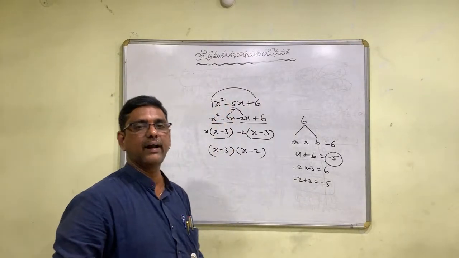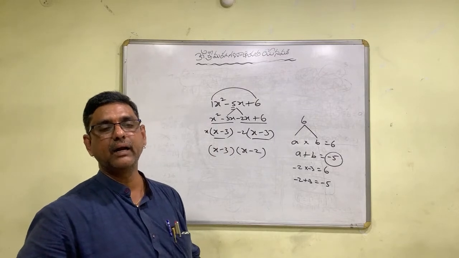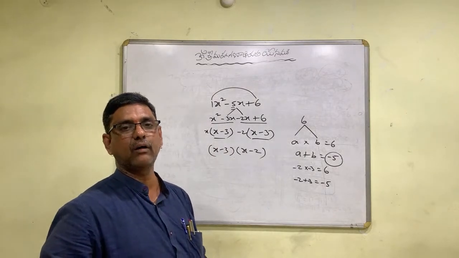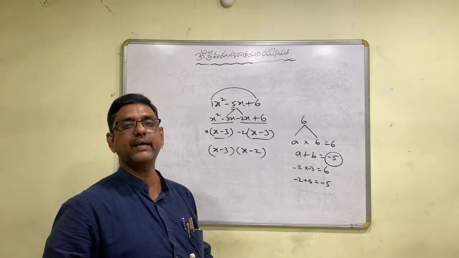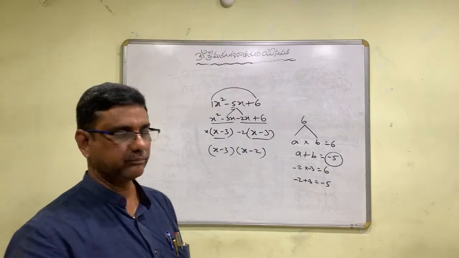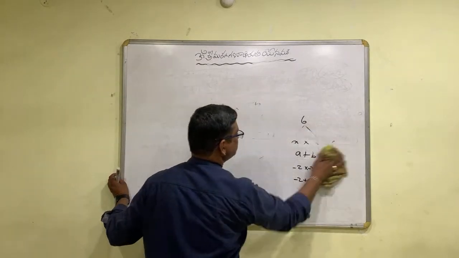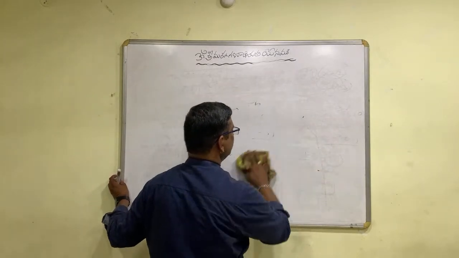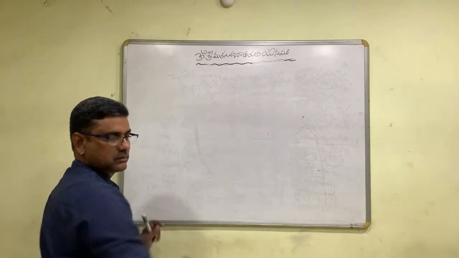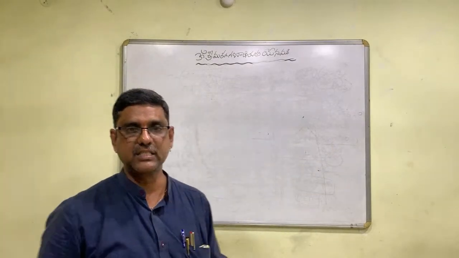This is what we call splitting the middle term, finding the factors of a quadratic polynomial using splitting the middle term.